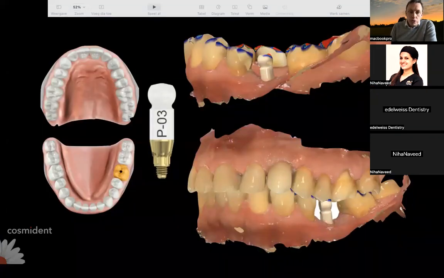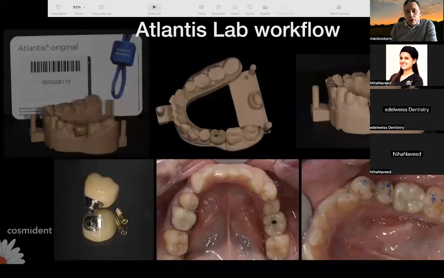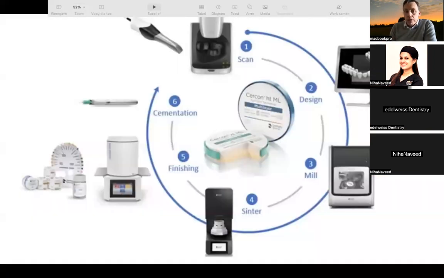The other way is going by Atlantis, but then you have to send it to a lab that produces the restoration for you. You can do both, like you see here, and finally you get both restorations very nice. These are all Edelweiss CAD/CAM restorations which we did. This is the Atlantis workflow. The other way is the direct workflow in the office.